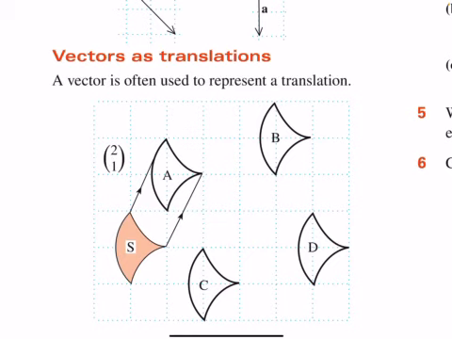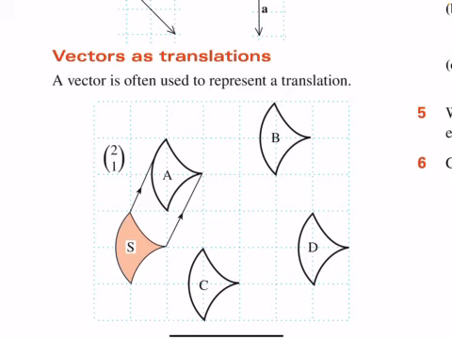So this shape translated in the vector 1, 2. This happens in tests. They're going to give you a shape, a triangle, and say, translate this object in the vector 3, 5. Then you have to draw the shape in that vector.